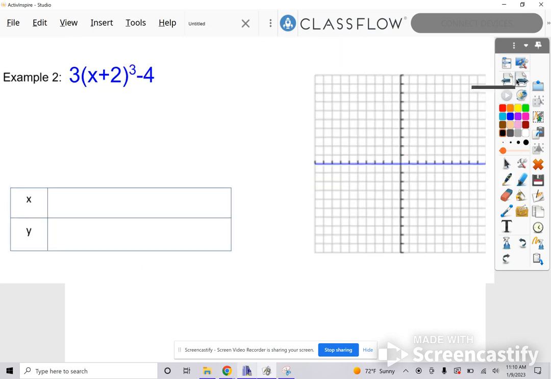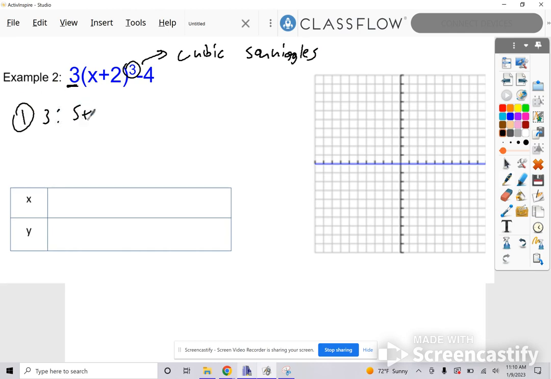Same idea. Now I've got a number out front though, so we start very first by noting it's a cubic. So these are our squiggles. That number out front, that 3, is going to tell us we have a stretch by 3.